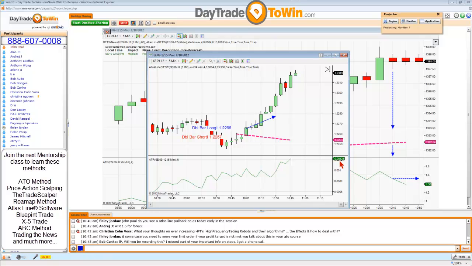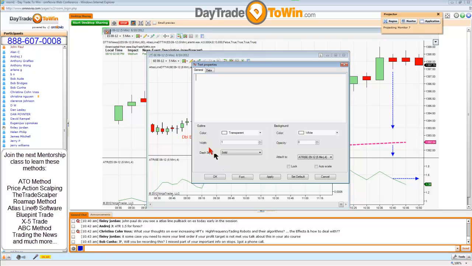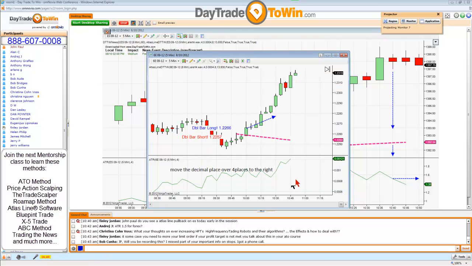So this value here, if you're trying to say it's not in points, it's in ticks, what I want you to do is move the decimal place over 4 places to the right. And that will tell you not in points but in ticks. So if you look at this currently right here, this says 00121. Okay, it will be the same on Forex or any currency.